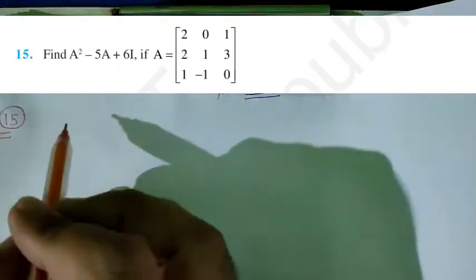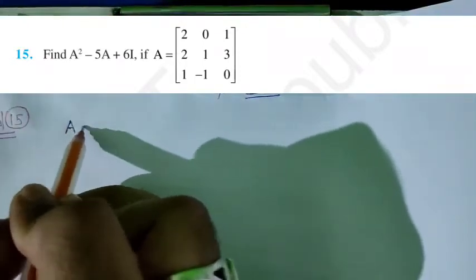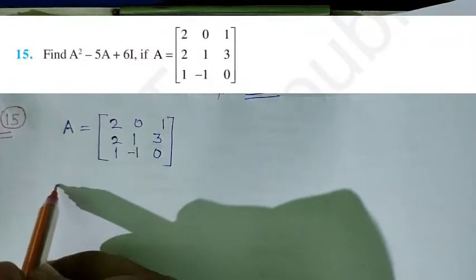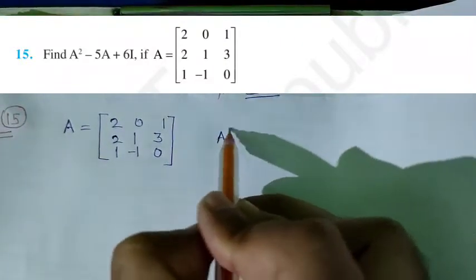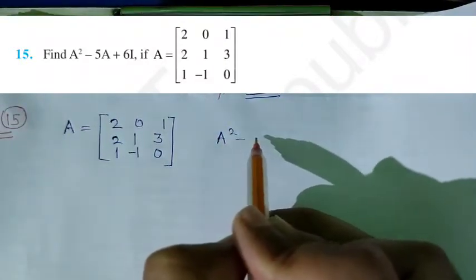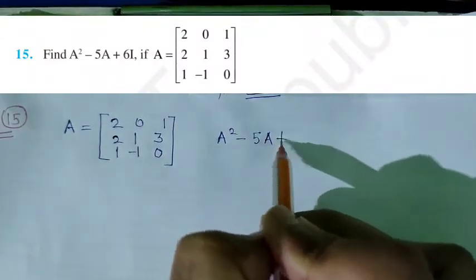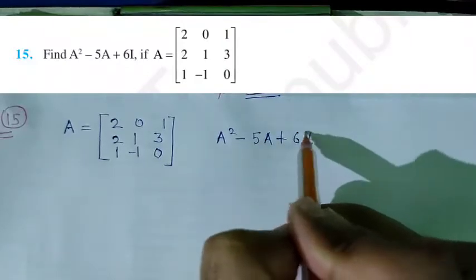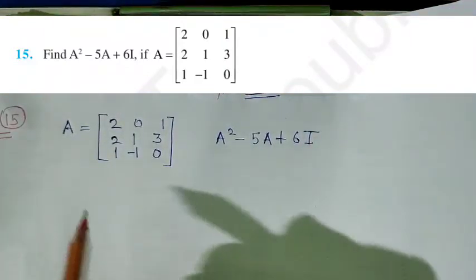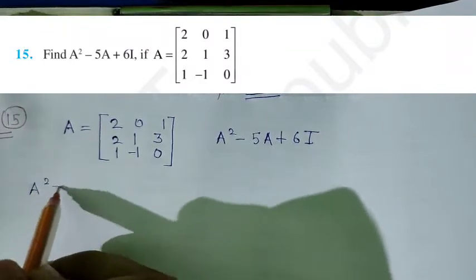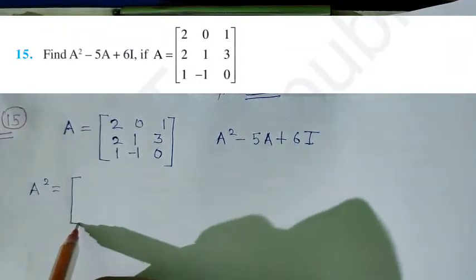First we will write the given matrix A. We have to find A square minus 5A plus 6I. To find this, we first have to find A square, which is A into A.